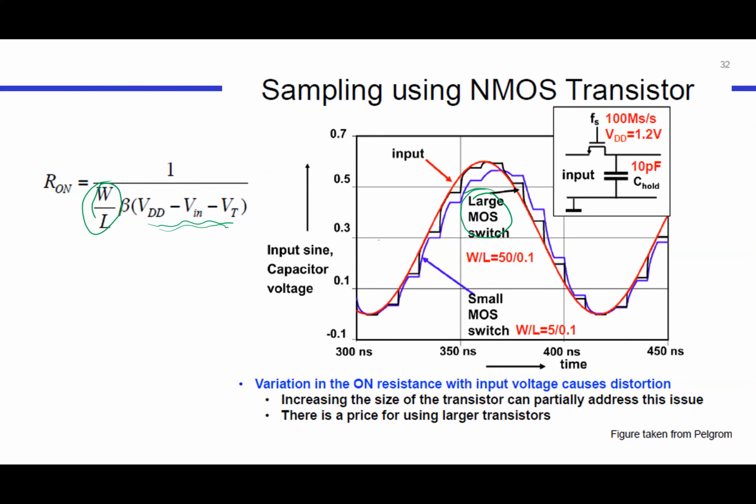If you look at the smaller switch width, this will have more effect, and therefore when your Vn becomes large, your R-on shoots up high, your bandwidth becomes smaller, your RC time constant becomes larger, and you are not tracking the input voltage correctly anymore. That causes a distortion in your output spectrum that you don't want to happen.